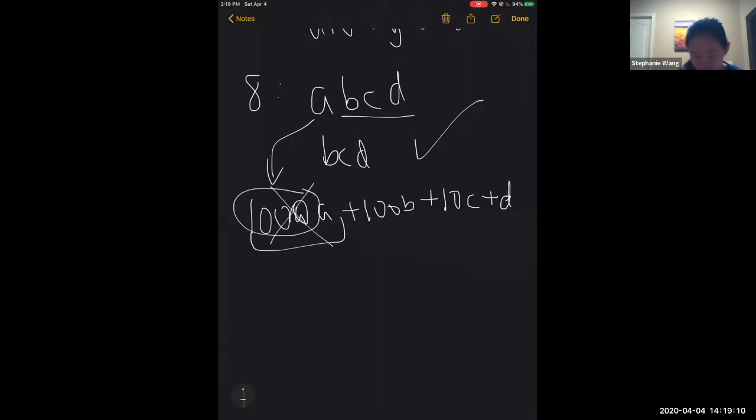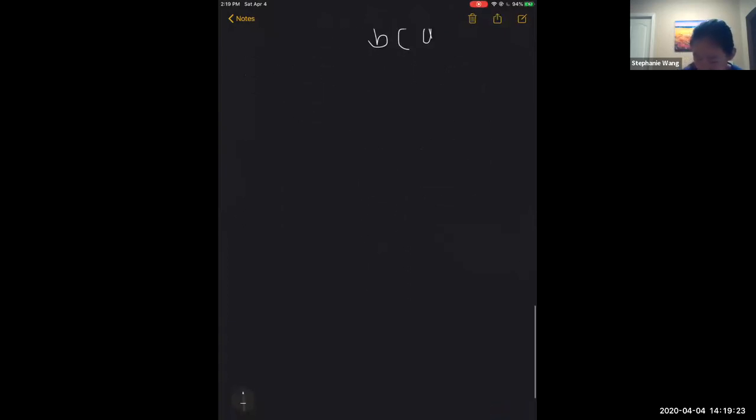So we don't have to look at this term, which just means that the rest of it, the number BCD, is the only part that determines divisibility by 8.